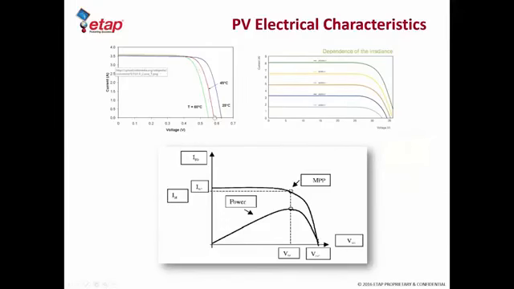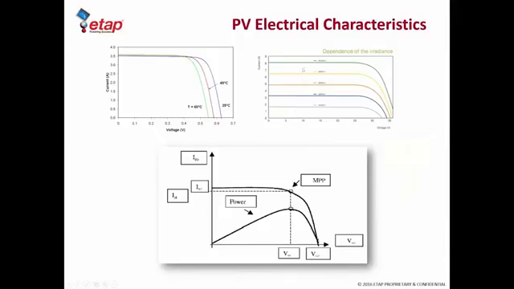Here we can see an example of an IV curve and how the curve varies as the cell temperature adjusts. If your ambient temperature is increasing, that will have an impact on the overall cell temperature, and the performance will drop on the PV panel. So it's important to cool them, especially if the ambient temperature is very high.